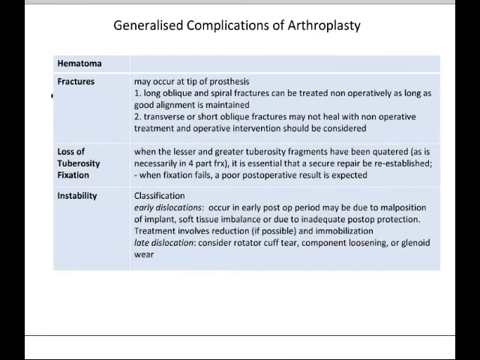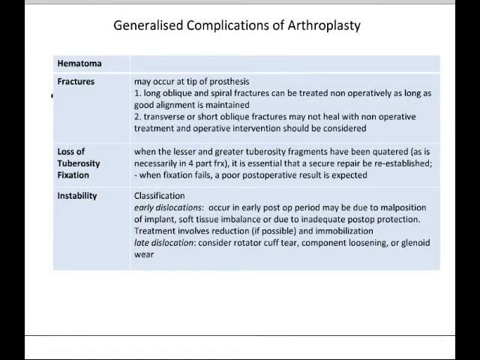In terms of instability, it can be classified into early or late. If they occur early in the post-operative period, it can be due to malposition of the implant, which is the number one thing you've got to look at, soft tissue imbalance, or inadequate post-operative protection of your patients. Your management then involves reduction, if possible, and immobilization.